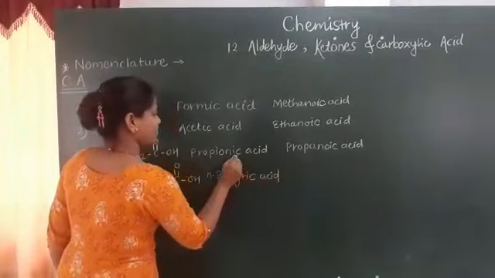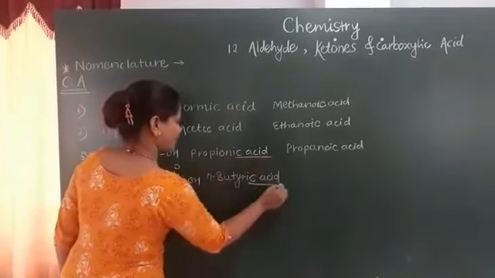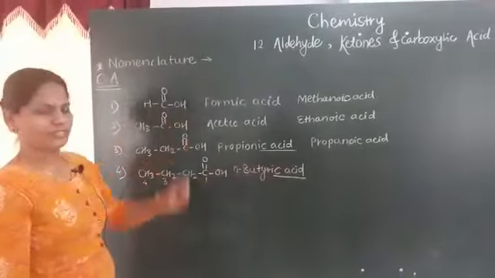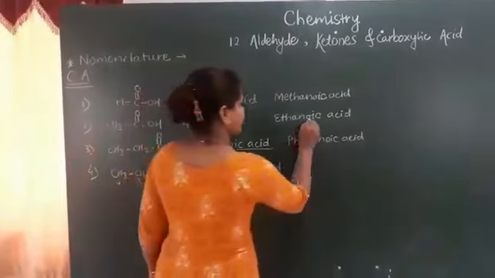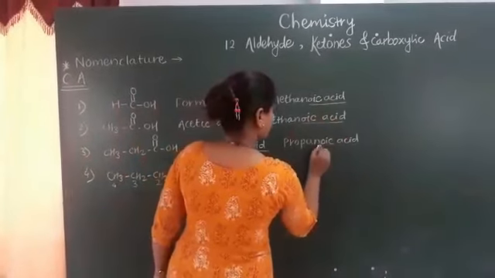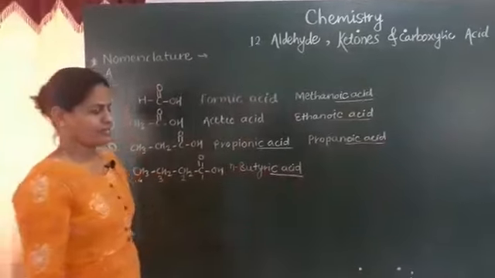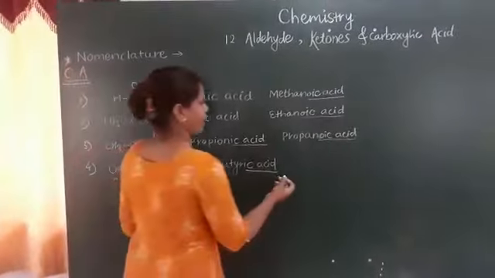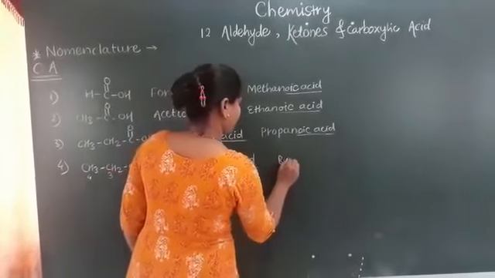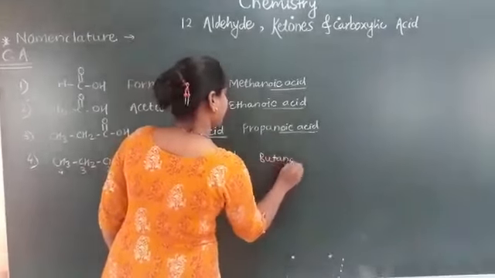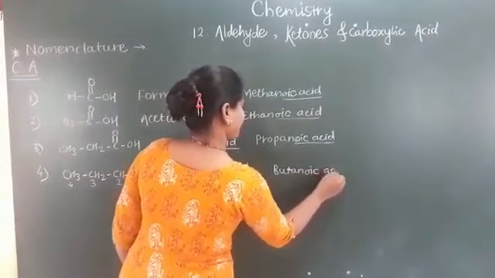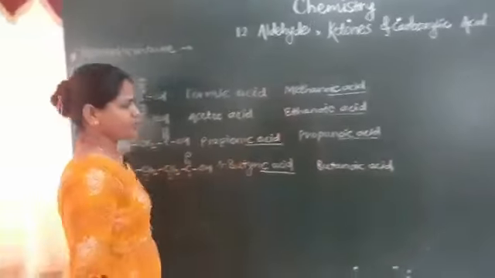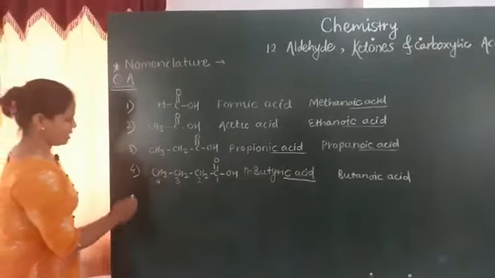Remember everyone, this IC acid is used to show the trivial name and OIC acid is used to show the IUPAC name system. Now n-butyric is the trivial name and the IUPAC name is butanoic acid.